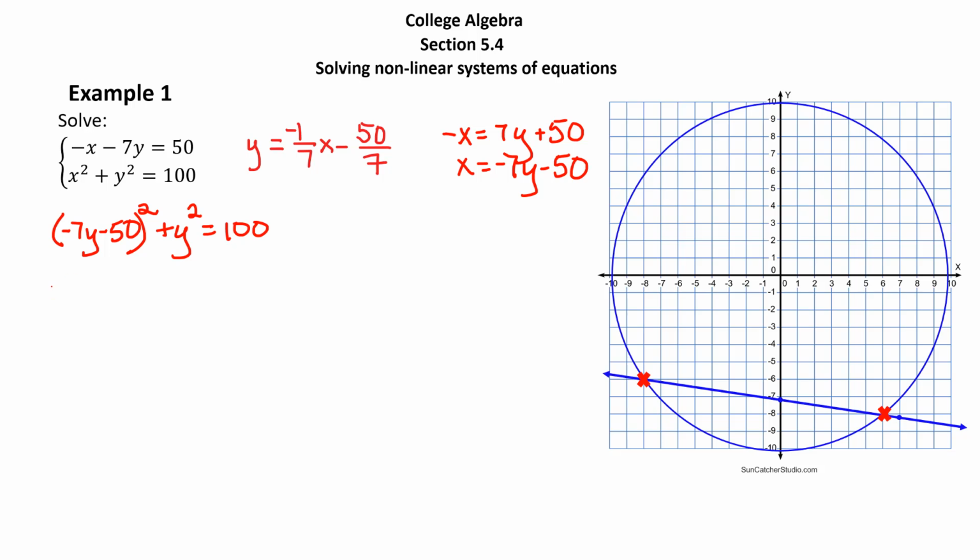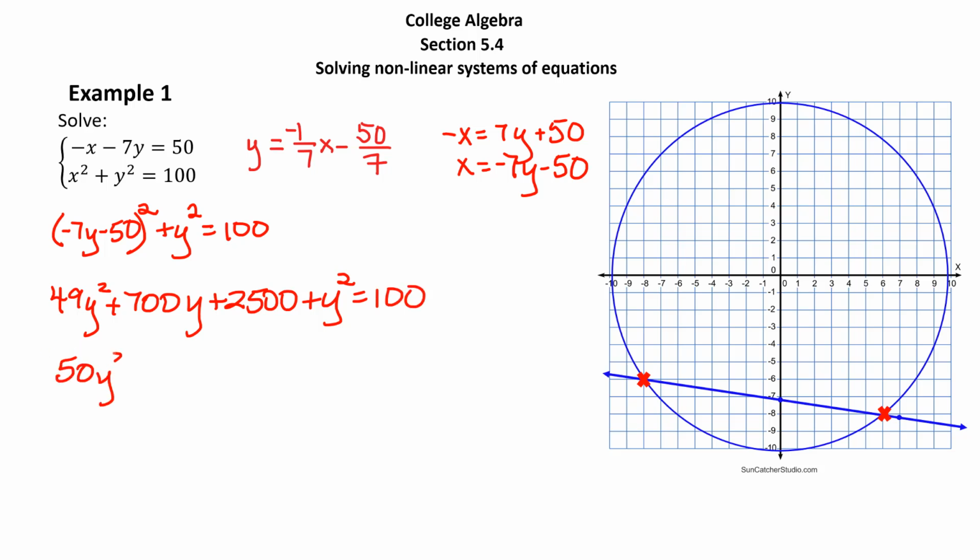So when I multiply this out, I'm going to get 49y squared plus 700y plus 2500 plus y squared equals 100. And then if I add the y squareds on the left, I've got 50y squared plus 700y. And if I subtract 100 on both sides, I'm going to have plus 2400, and that equals 0.